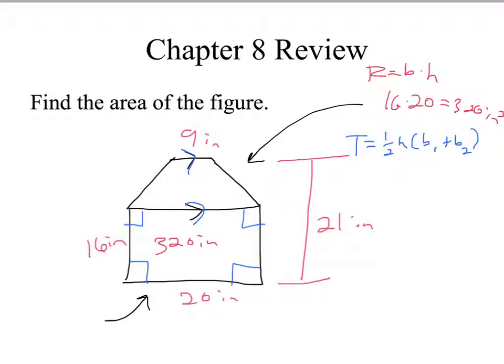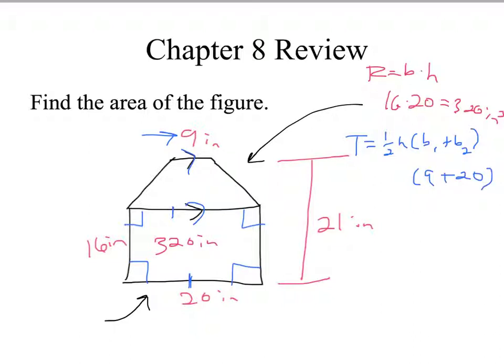What's B1? Well, it's 9. I know that this base right off the bat is 9. What's B2? Well, it has to be 20 because this is a rectangle, so this has to be 20 inches.